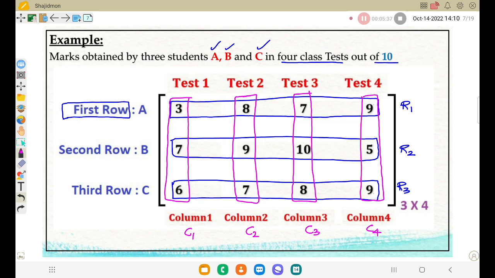In this example we have 3 rows and 4 columns, and each element represents how much mark was obtained. The number of rows is 3 and the number of columns is 4. So first, what is the order of a matrix, or we can say the size of a matrix.